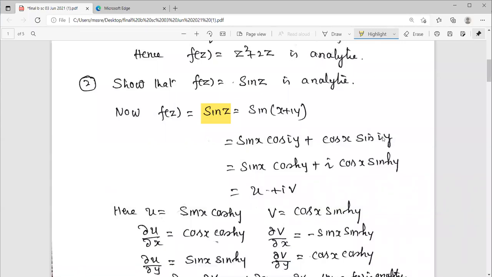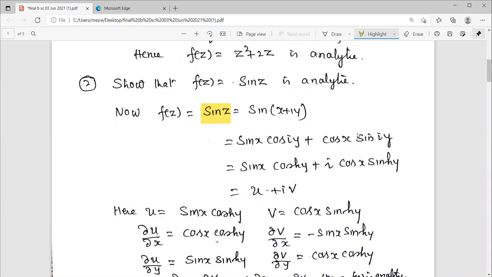But cos iy is cos hyperbolic y, that I have given you in two or three classes before. That is sin x into cos hyperbolic y plus i cos x sin hyperbolic y.